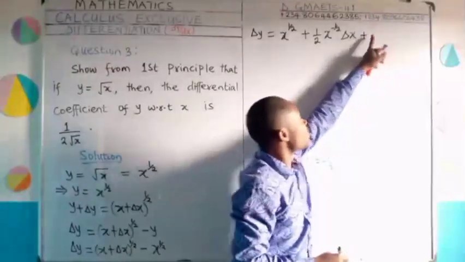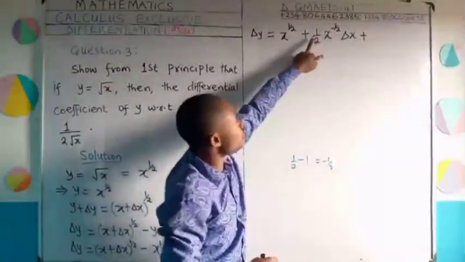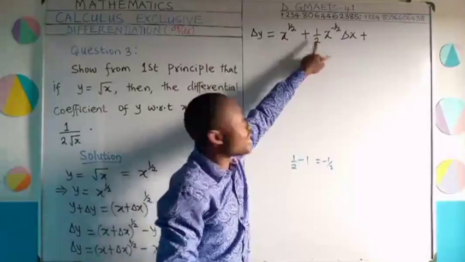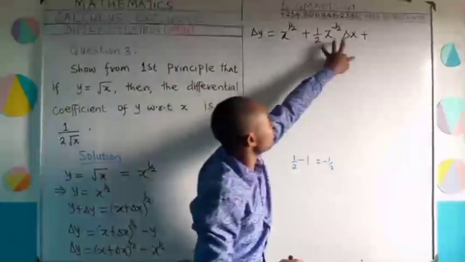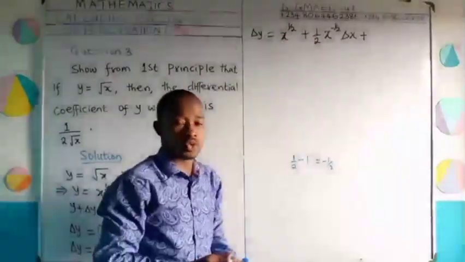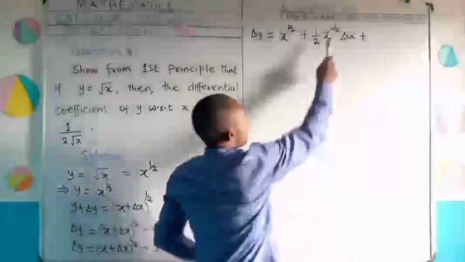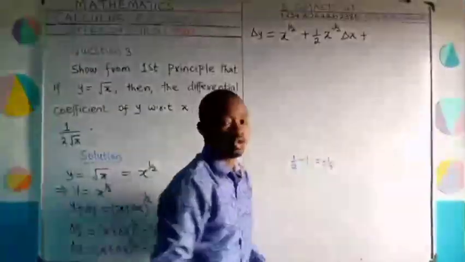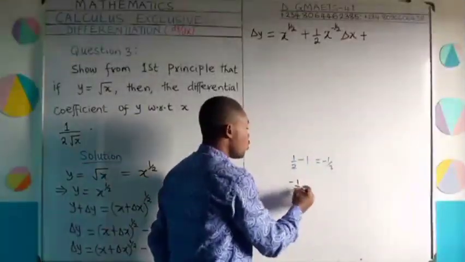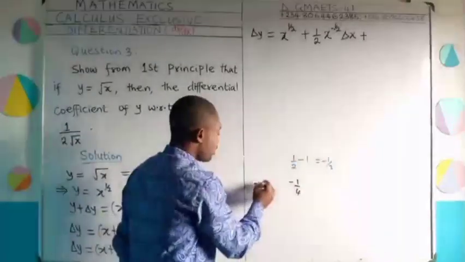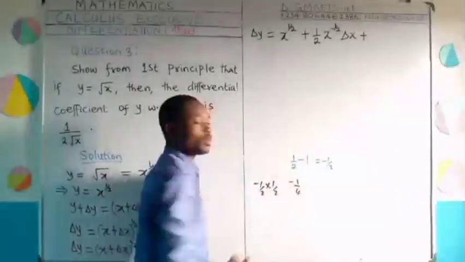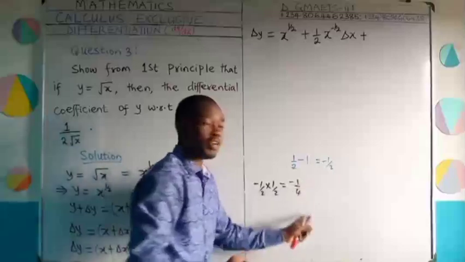To get a third term, I will use the power of this x to multiply the coefficient and then divide by the number of terms that I've gotten already, which is 2 terms. So let us go. Minus half times 1 over 2 will give us minus 1 over 4.